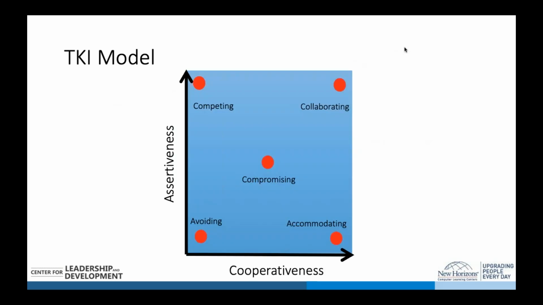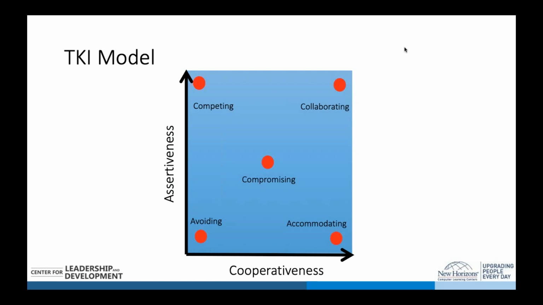And there's a model called the Thomas Kilmann instrument, the TKI model, which basically graphs out different strategies for dealing with conflict based on an assertiveness and cooperativeness scale. So if we start in the top right corner, the most effective strategy for dealing with conflict is collaborating.